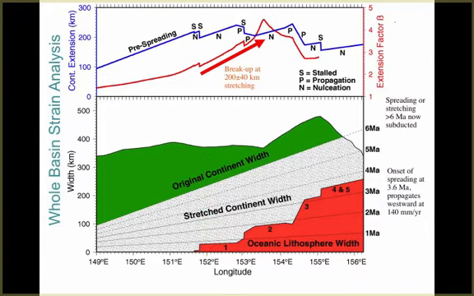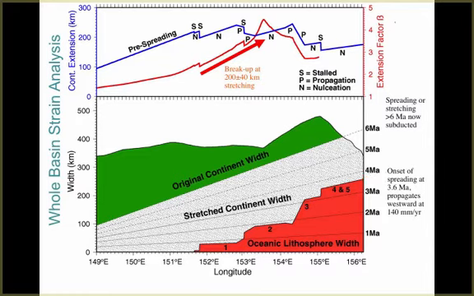Now, the continental crust that had stretched older than about 6 million years is now subducted. And based on this diagram, we see the onset of spreading at about 3.6 million years, and that spreading propagates westward at a rate of 140 millimeters per year.